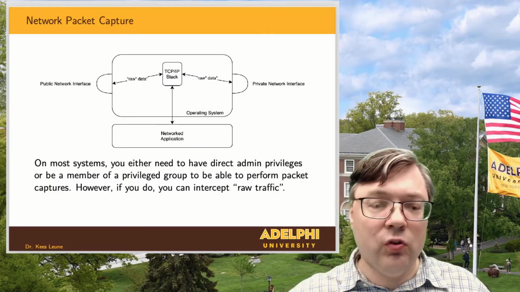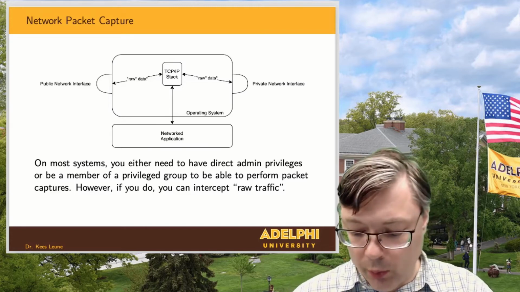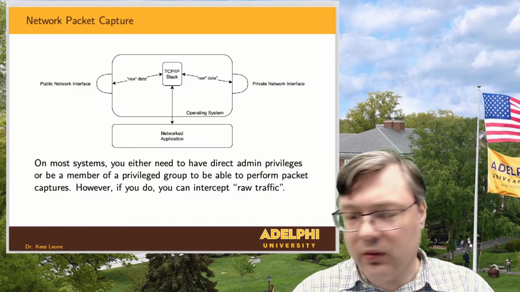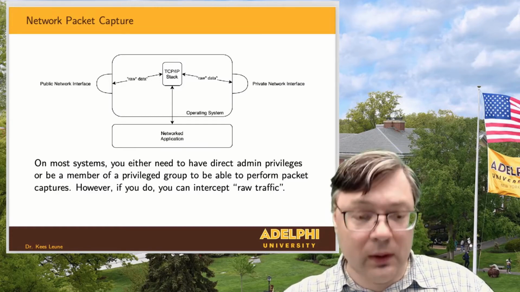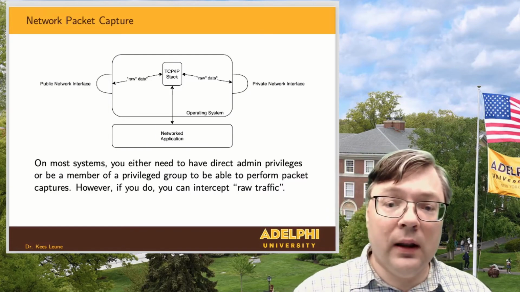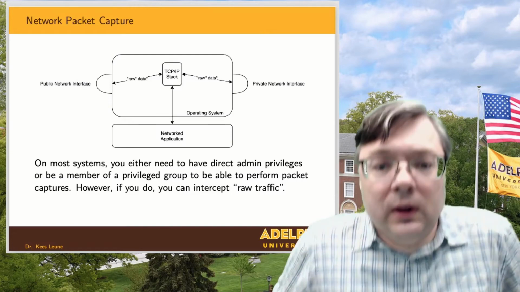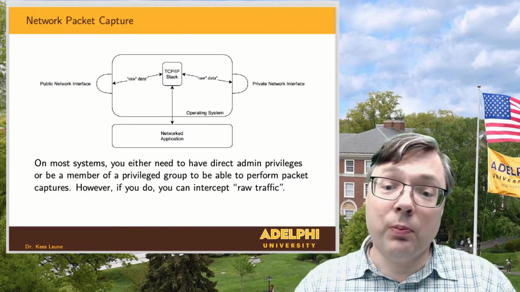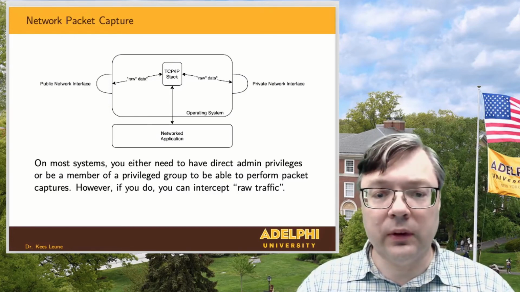It has two network interfaces. Sometimes we call that a dual-homed system. And in this particular case, the architecture is such that one interface is meant for the public network, typically the internet, and one interface is meant for the private network. But that means that if you are able to gain access to this system through the public network interface, now the private network traffic might be visible to you as well, or at least some of it.